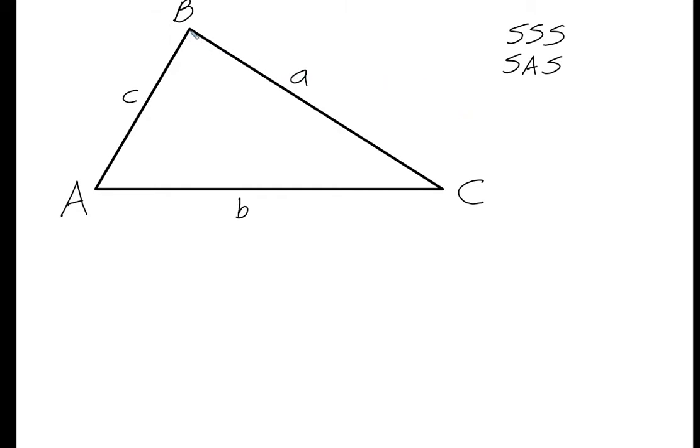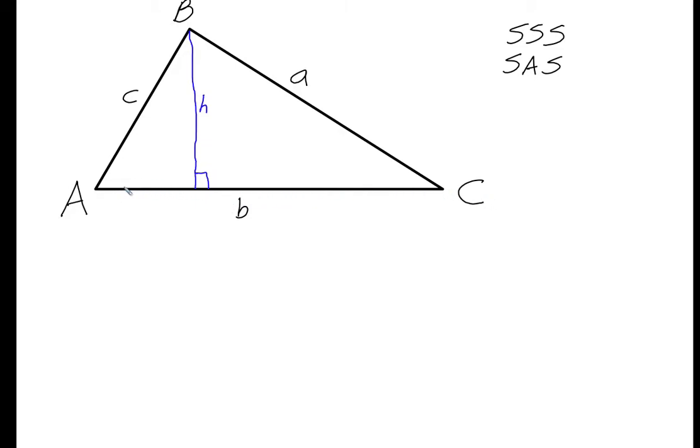I'm going to put in an altitude that comes from angle B down to hit side b. What I've done is I've put in a new line. Let's give that a name. We'll call it h.